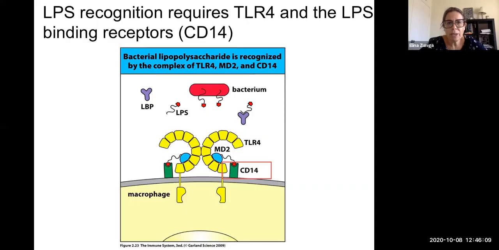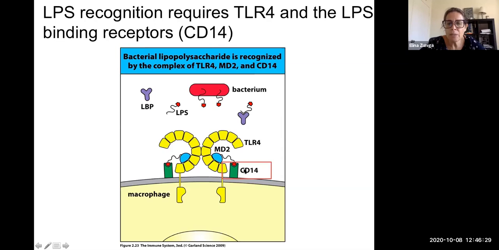And so LPS recognition requires not only toll-like receptor 4, but also the recognition of LPS via the CD14 molecule, which is another receptor that is expressed, for example, in macrophages and other innate cells.